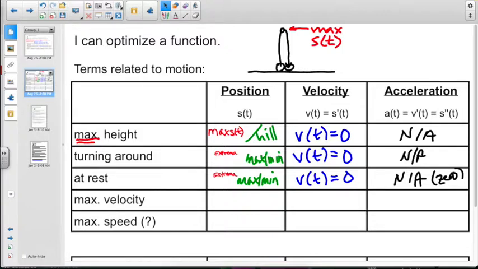I've seen a couple of tables already get started on this max velocity. Do we care anything about position? No. So we can literally say, all we really need is to look at the velocity graph. Maximizing my velocity means what?